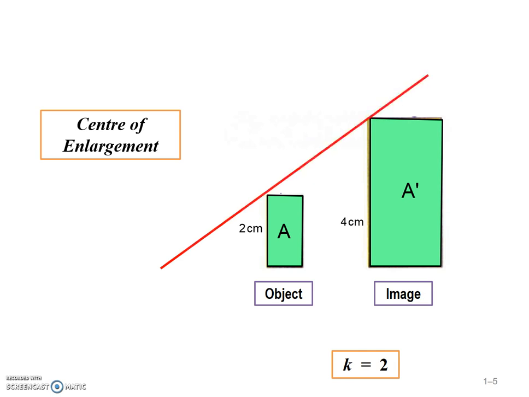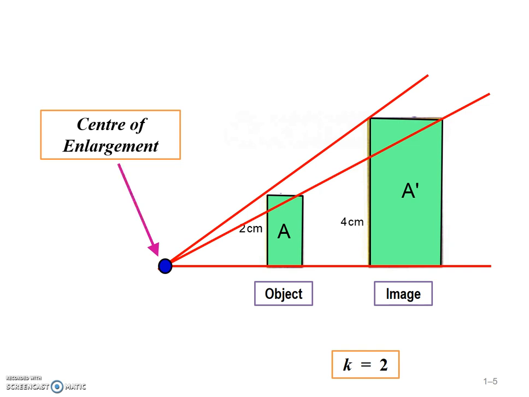Because we know that the object A is enlarged to become the object A prime, if we focus on all of the vertices of the rectangle, as I show in the diagram, you can see that all the lines are focusing to one point, and this point is what we call the center of enlargement.